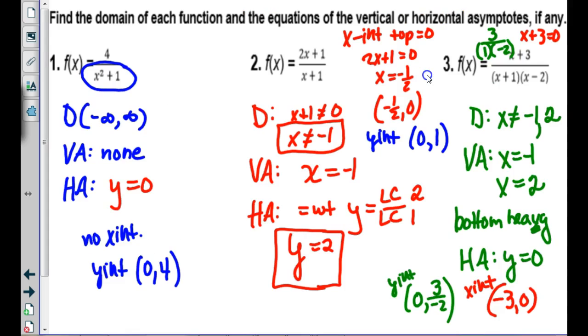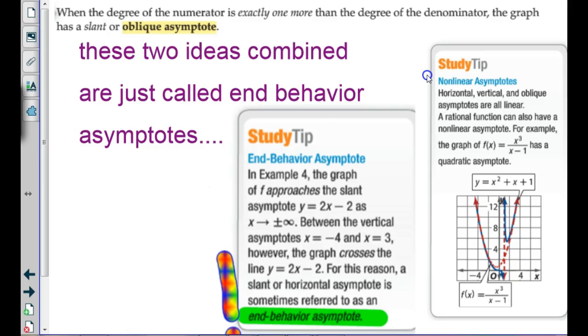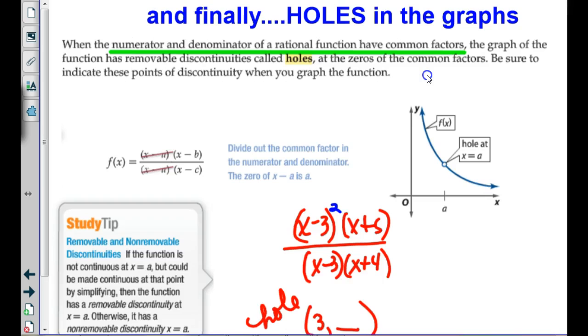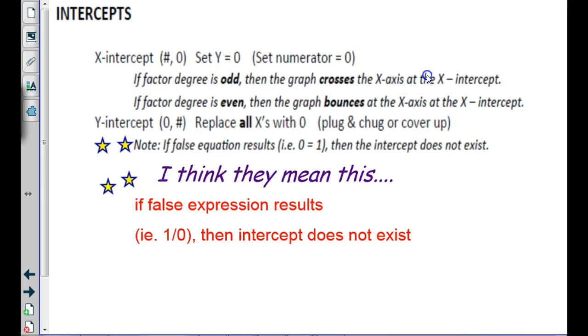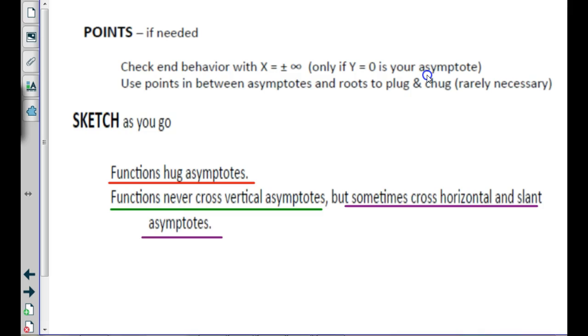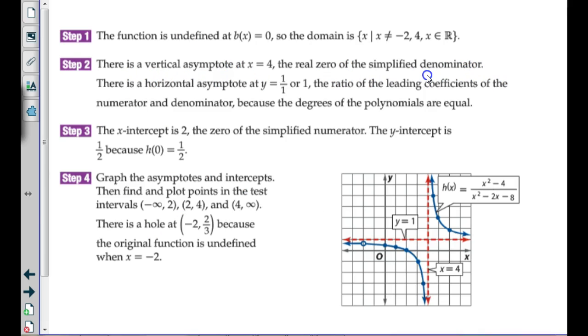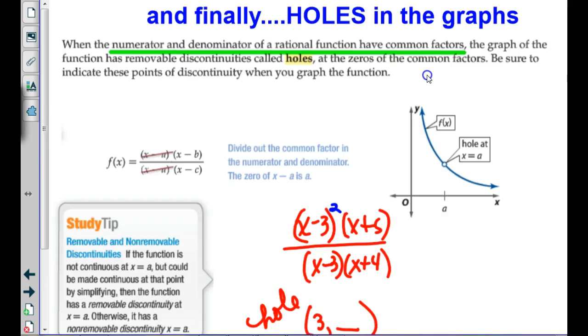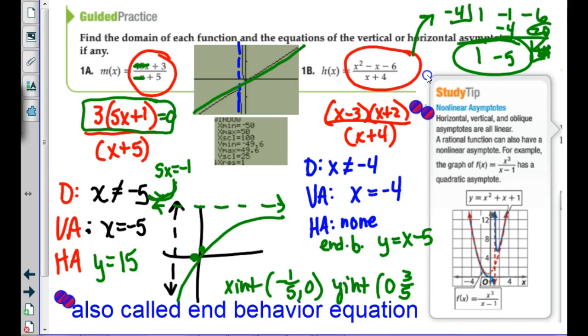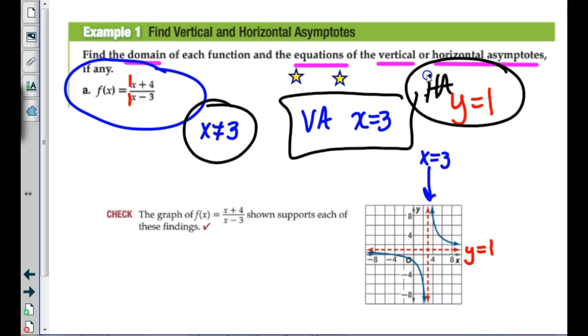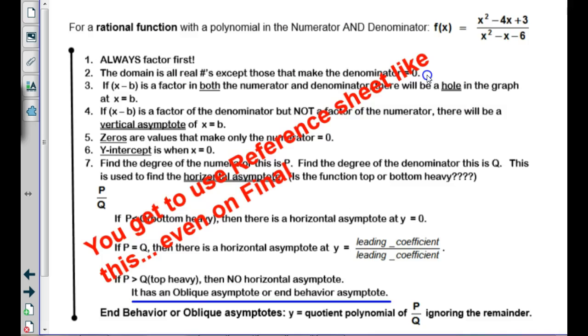Does that mean we get to be done? No. In Algebra 2, when it was no horizontal asymptote, you were finished. But in this class, let me find my slide of the yellow sheet. Here it is.